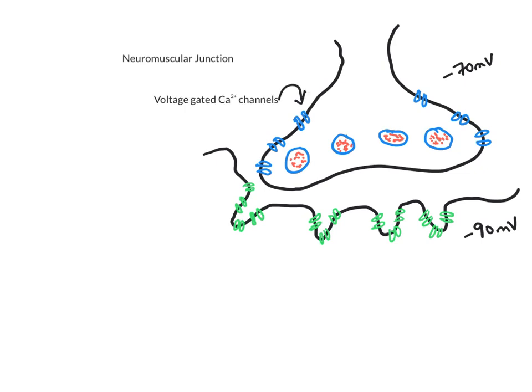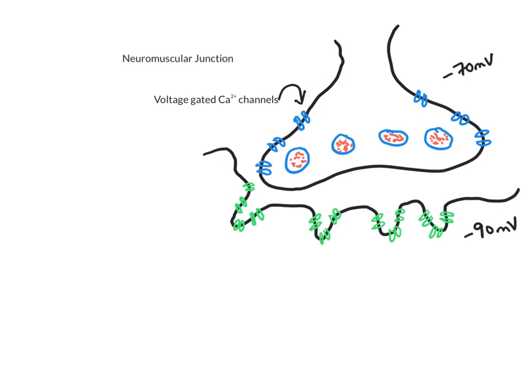As that membrane potential shifts in that bouton area, that's going to cause these voltage gated calcium channels to open. So normally they're closed at rest, and as we shift from negative to more positive, they're going to open. Now remember, again, that shift is happening because an action potential is running through that neuron.